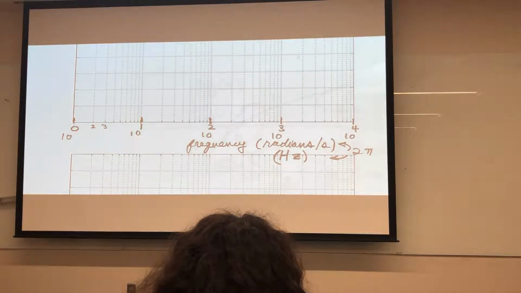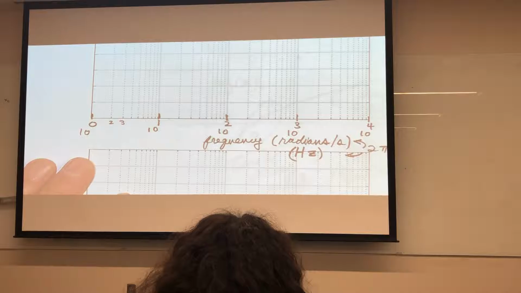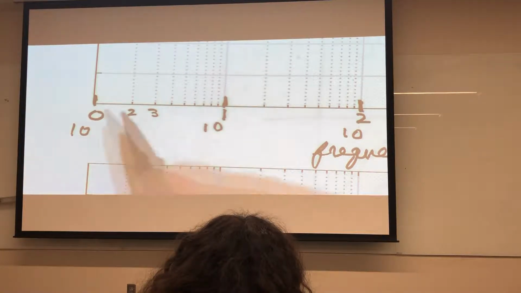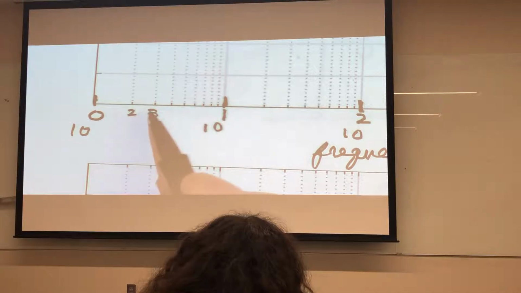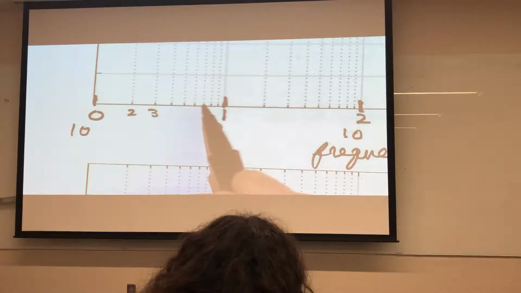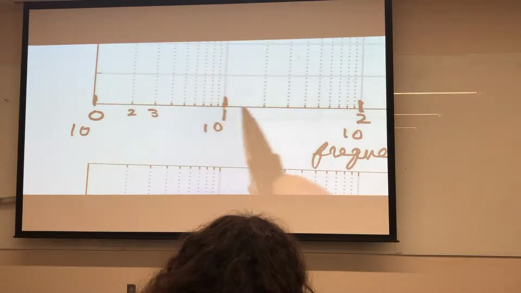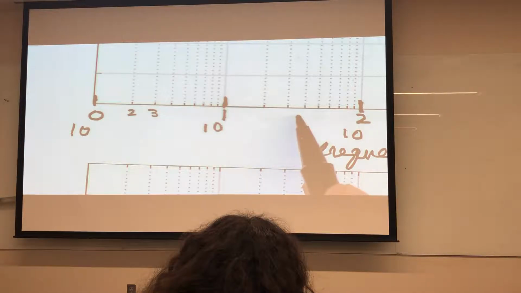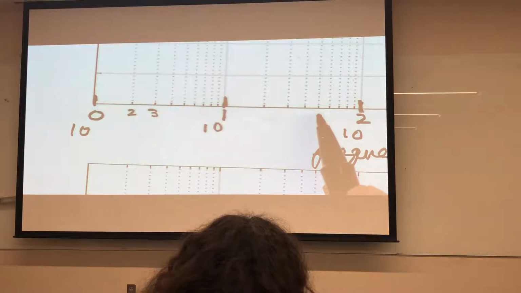Let's take a look a little bit in more detail and see how we should be looking at these frequency axes here. This is 1, 2, 3, 4, 5, 6, 7, 8, 9, 10, 11, right? 11, 12, 13, 14. No, that doesn't work.